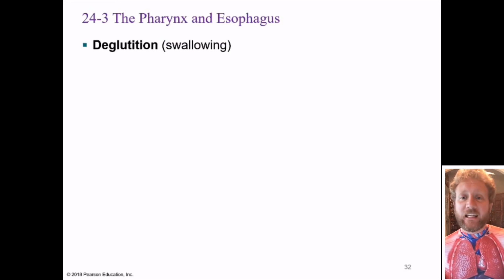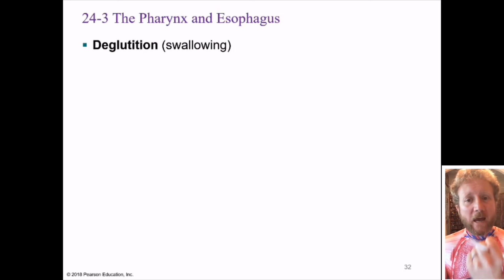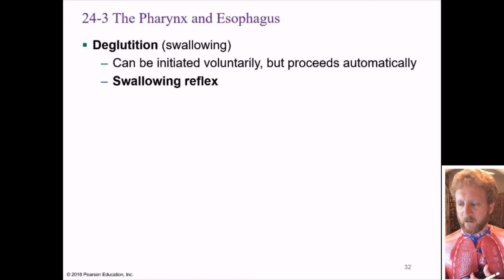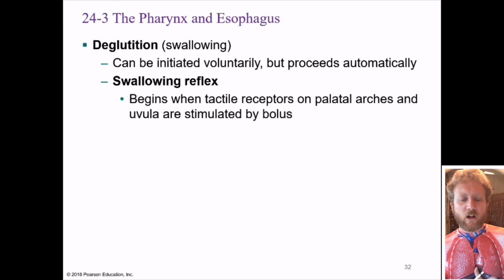So, deglutition. That is swallowing. So after you have masticated that delicious piece of whatever food you just put in your mouth, you are going to deglutite it. I don't know. I'll get back to you on that one. And so it's initiated voluntarily, or it can be, but once it reaches a certain point, it is involuntary. It happens automatically. So basically, it turns into a swallowing reflex.